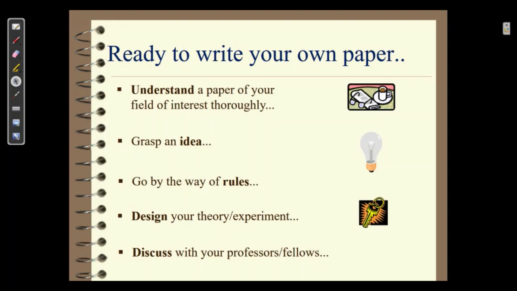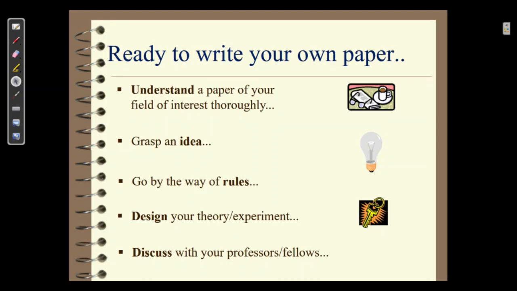Then we have to go by the way of rules, as I mentioned. For example, we should discuss with the colleagues, then we should discuss with our supervisor or advisor. Then, if we have some simulation software, we should check with that software to get some information.